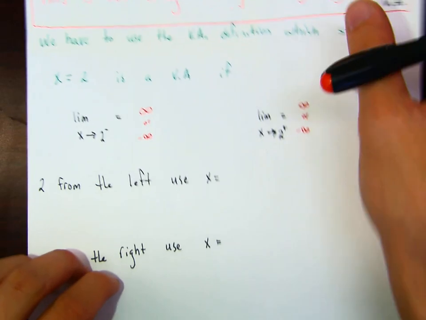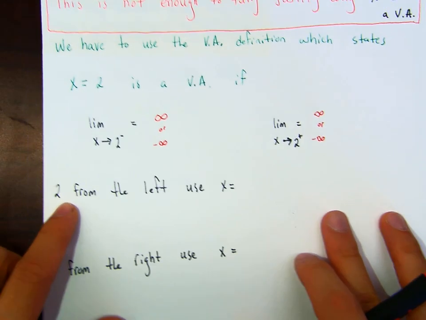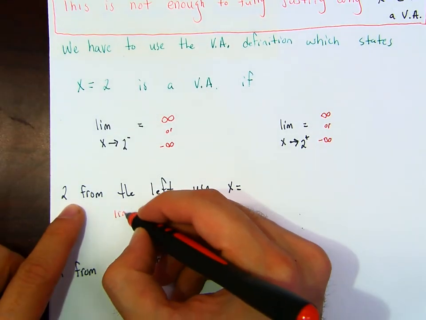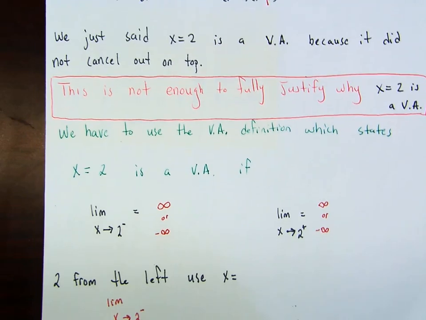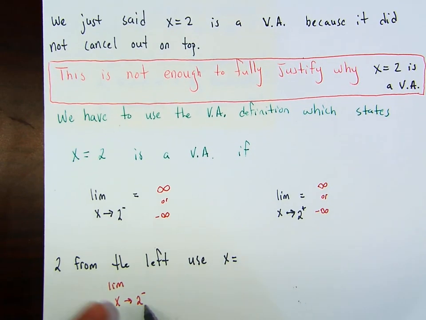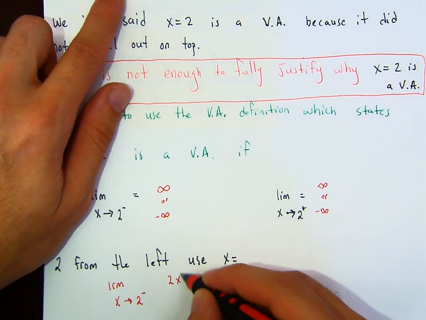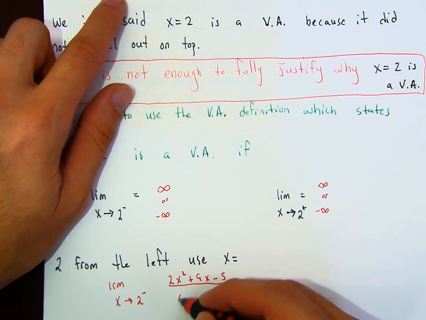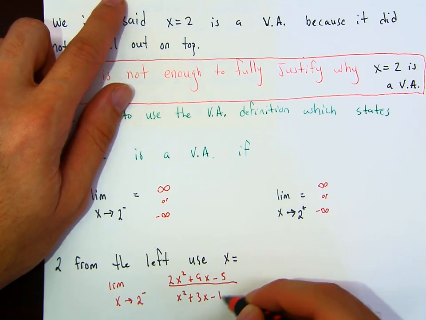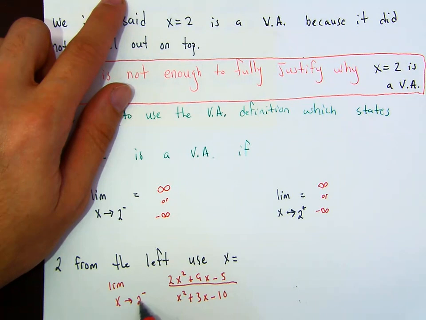So how do we do it over here? Well, you just do this. You say the limit as x approaches 2 from the left. We're going to evaluate it for this function, 2x squared plus 9x minus 5 over x squared plus 3x minus 10. If you go to the left of 2, what is a number left of 2?